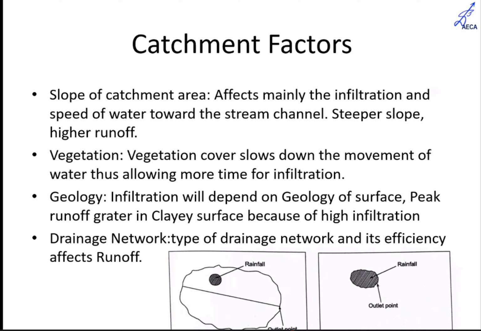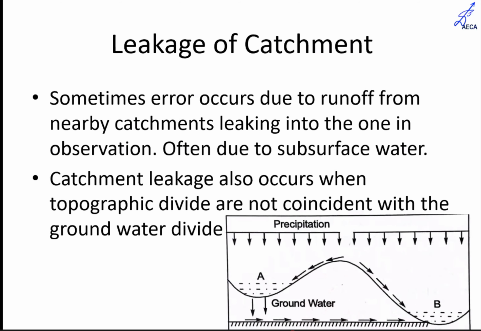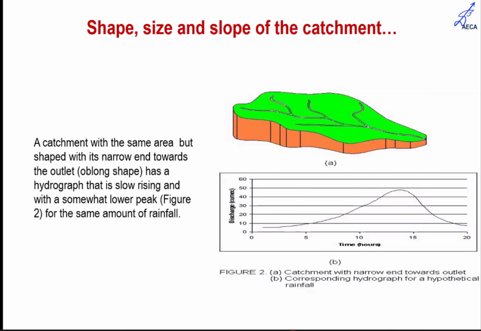Then the geology of the surface, whether it is of absorptive type of soil, or if it is clay, or if it is rocky, then the runoff will increase. Then there is also an error sometimes caused in estimation of discharge due to leakage of adjacent catchment, and you may have contributions from another catchment which is not being calculated by us when we are making our estimate of the discharge.